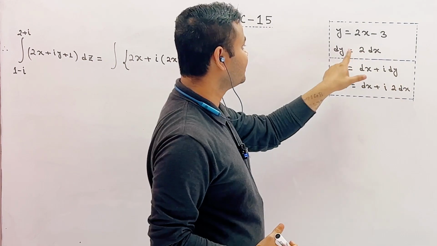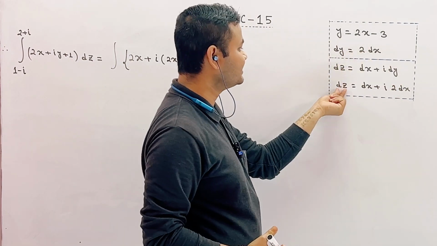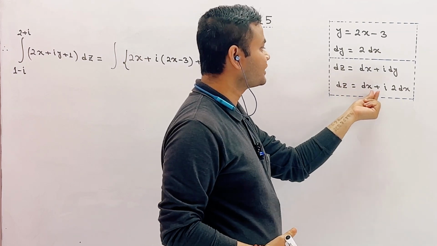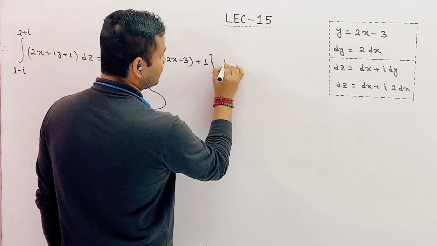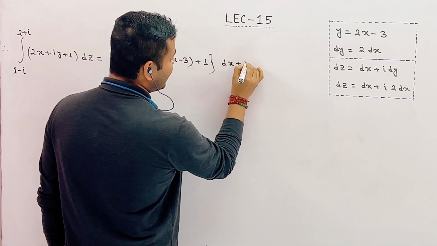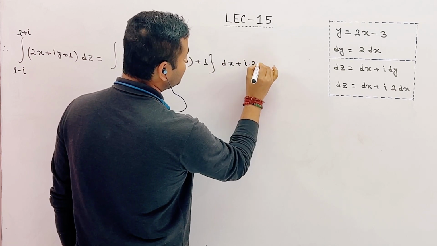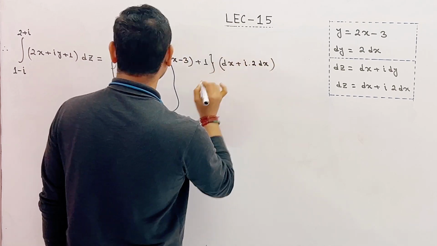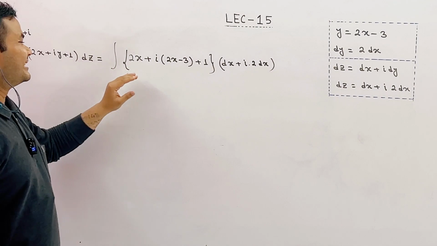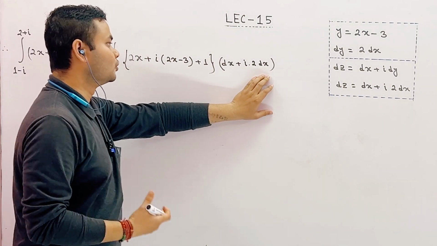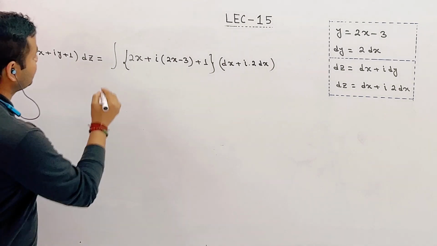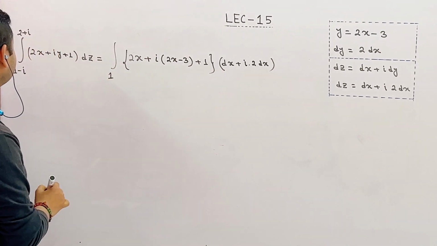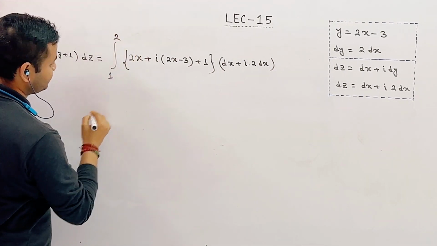Since in our case dy equal to twice dx, so dz will be equal to dx plus iota into 2 dx. Since everything is written in terms of x only, we have to change the limit from 1 to 2 because x1 is 1 and x2 is 2. So, lower limit is 1 and upper limit is 2.